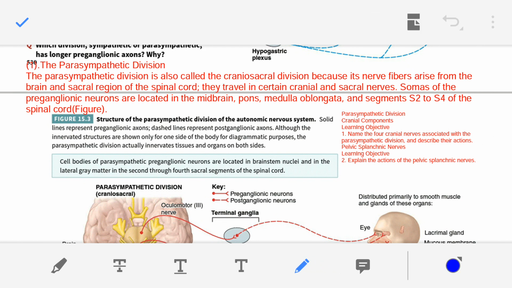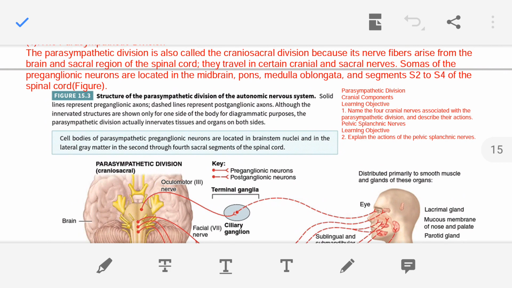Okay, once again, parasympathetic division is also known as craniosacral division. The reason is the nerve fibers of parasympathetic division arise from brain and sacral region of spinal cord. That's why.